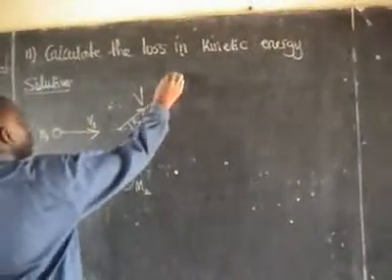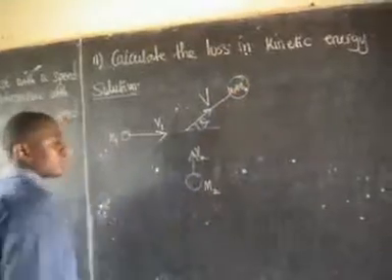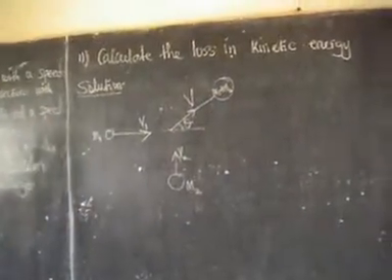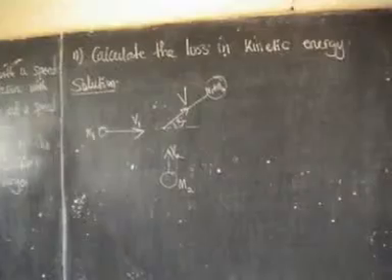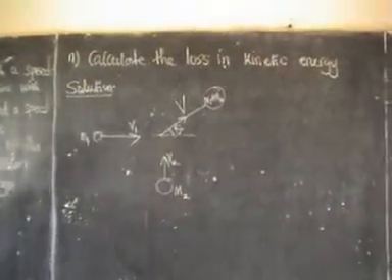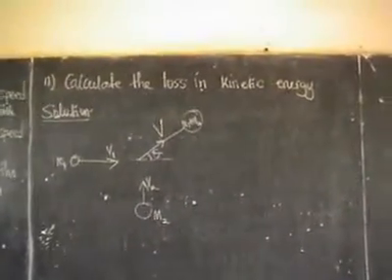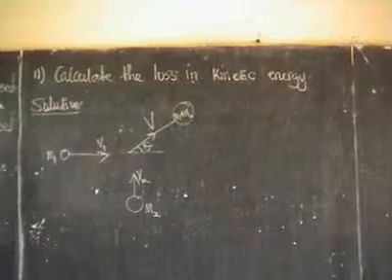So this is going to be a composite m1 plus m2. So we can handle this challenge by splitting it into two. Then we shall conserve momentum along the vertical and the horizontal.